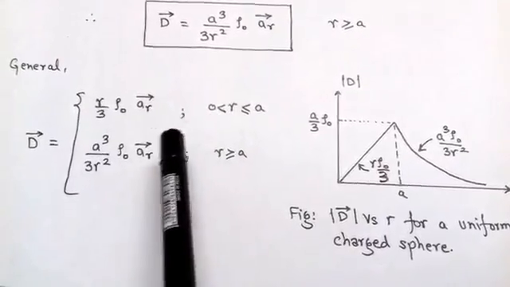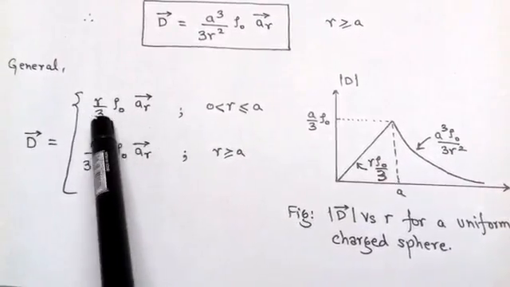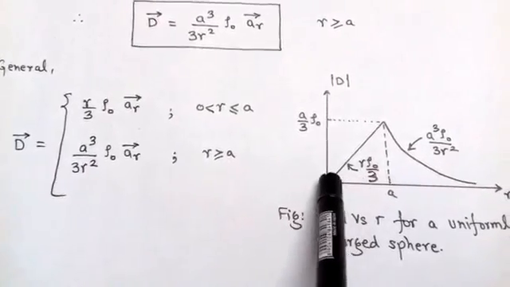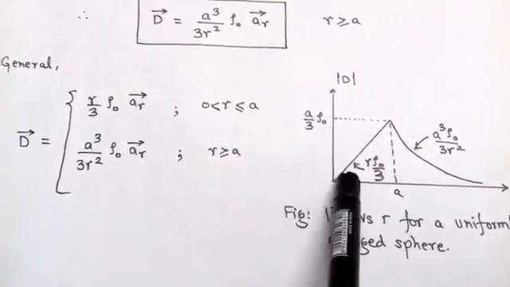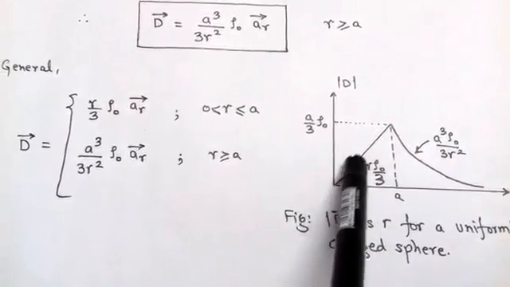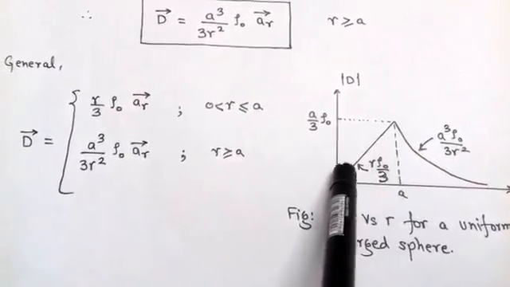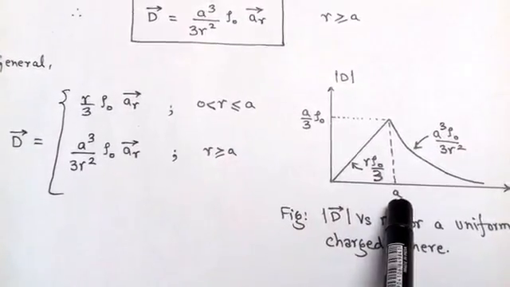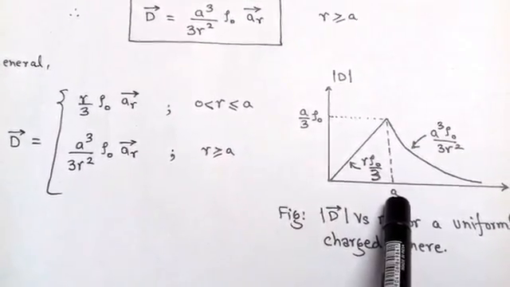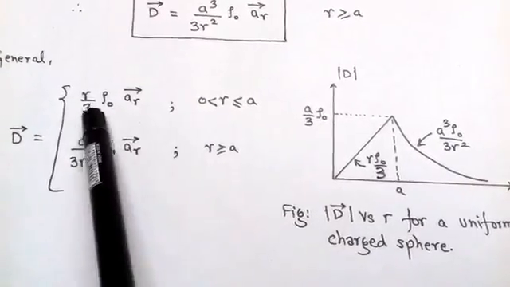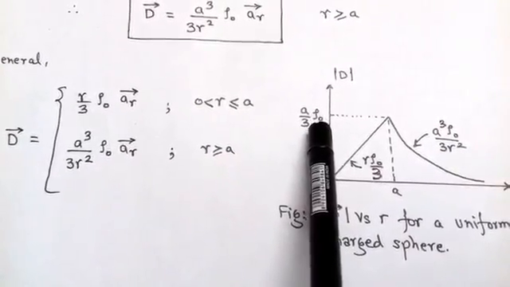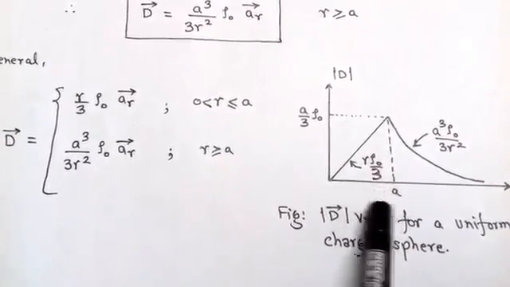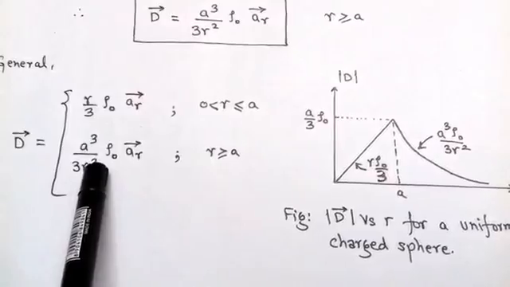So D is directly proportional to r, so the graph is linear up to a, and at a the value of D is a upon 3 rho naught. In place of r we can write a upon 3 rho naught. Now after a, we see that D is inversely proportional to r squared.